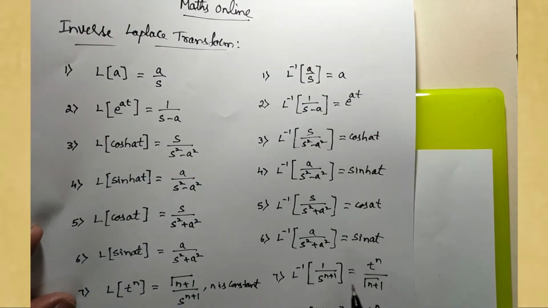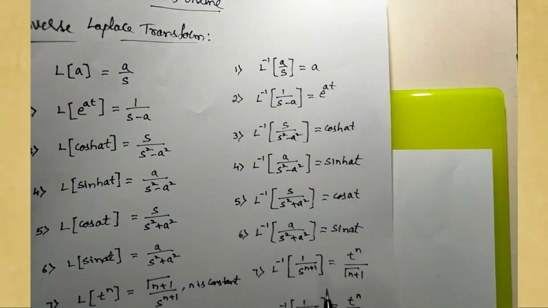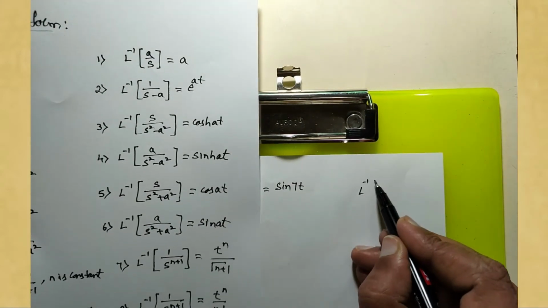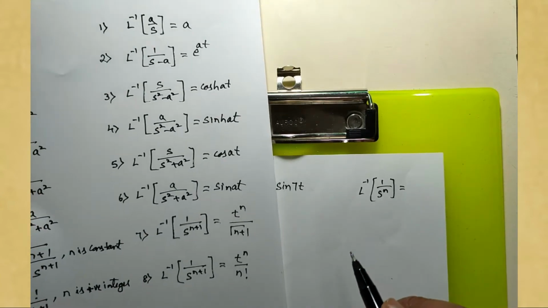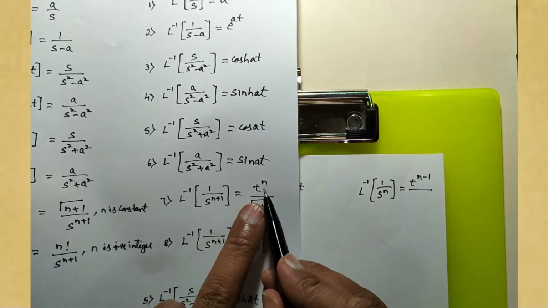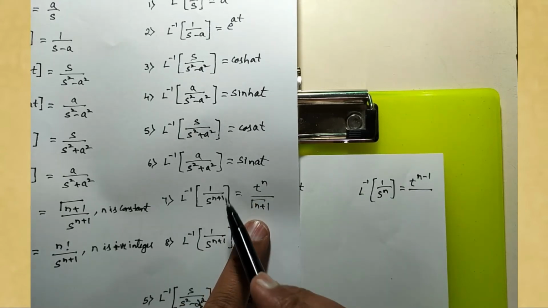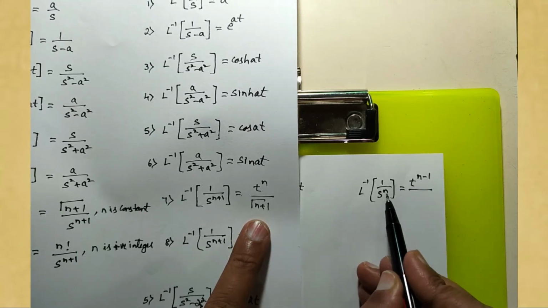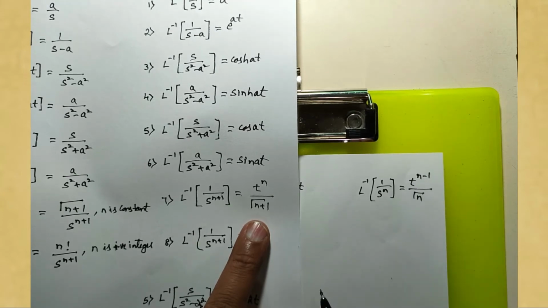Or if you want to rewrite this formula, L inverse of 1 by s power of n can be written as t power of n minus 1 divided by gamma of n. Whatever power is there, the same value we will be getting in gamma of n.